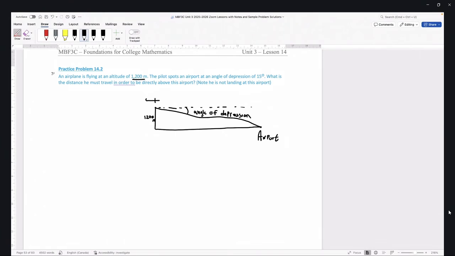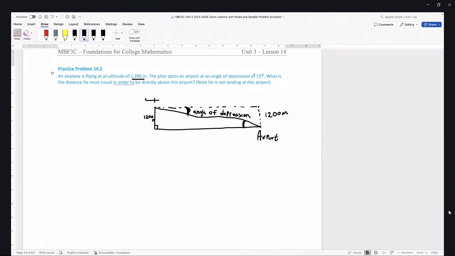This angle right here, if you're looking from the airport up at the plane, is the angle of elevation. That angle and this angle are equal. They're both the same. If you're 1,200 meters above the ground here, when you get over here, you're still going to be 1,200 meters. Okay? So we know that 1,200 meters above the ground, we know that this is a right angle.